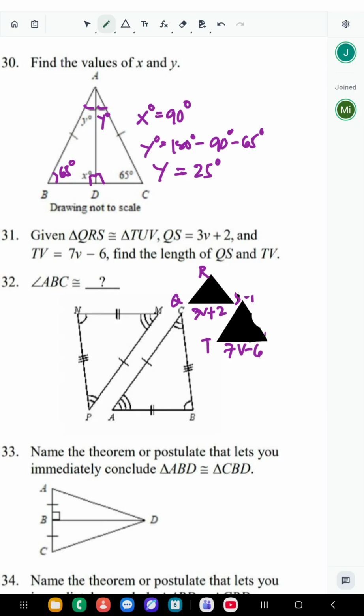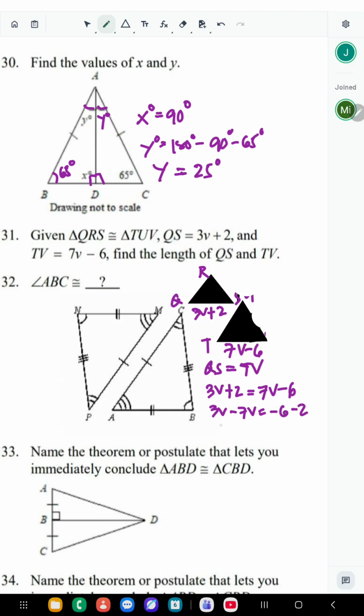So what are we gonna do here? Since the two triangles are congruent, QS is equal to TV, right? So we just equate them. 3V plus 2 equals 7V minus 6. Then we group like terms. 3V minus 7V equals negative 6 minus 2.